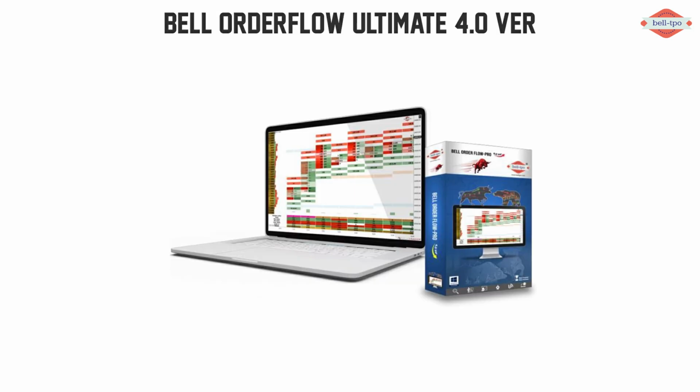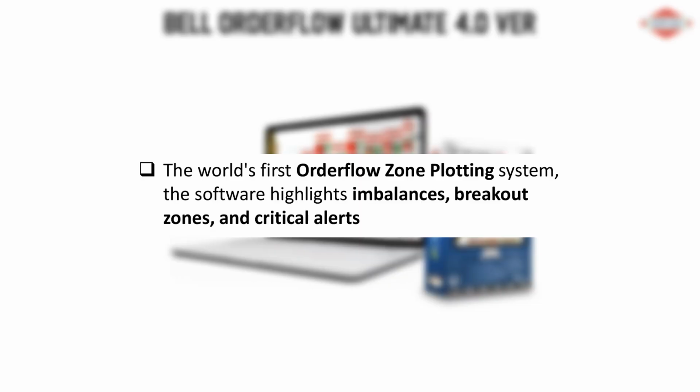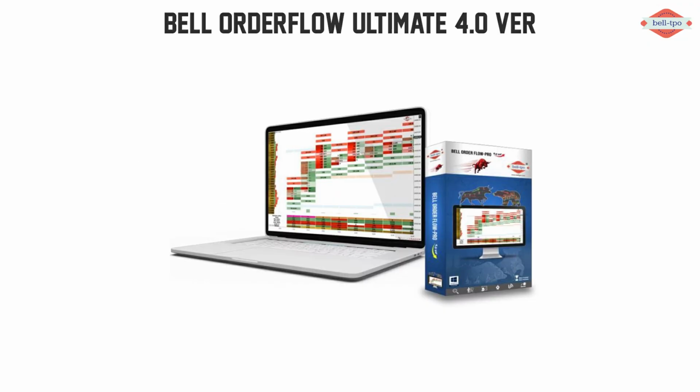With Bell Orderflow Ultimate 4.0, the world's first order flow zone plotting system, the software highlights the imbalances, breakout zones, and critical alerts, helping traders spot dynamic order flow patterns automatically. This minimizes the manual effort of scanning the order book and enhances both timing and risk management.